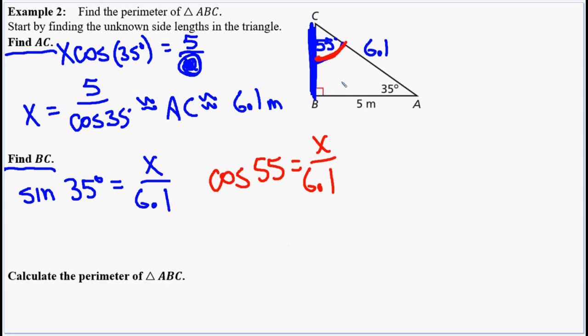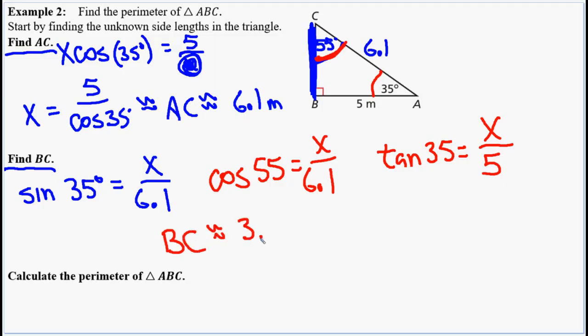And if we really wanted to, we could come back to the 35-degree angle and we could do the tan of 35 is equal to opposite side x over adjacent side 5. So here are 3 different setups for this. Any one of them should give us the exact same answer. BC is approximately 3.5 meters. So this side is 3.5 meters.